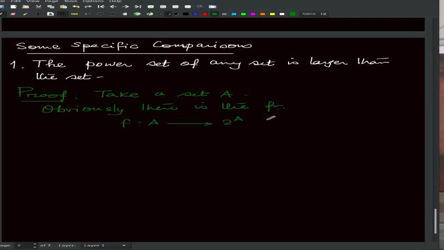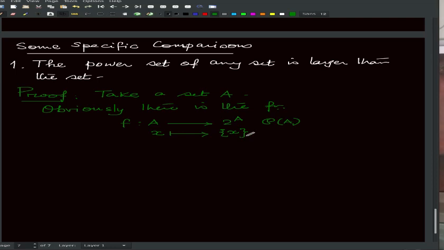Or did I use this symbol? Whichever. So what do I do? I take x and I go to the set which contains the single point set {x}.